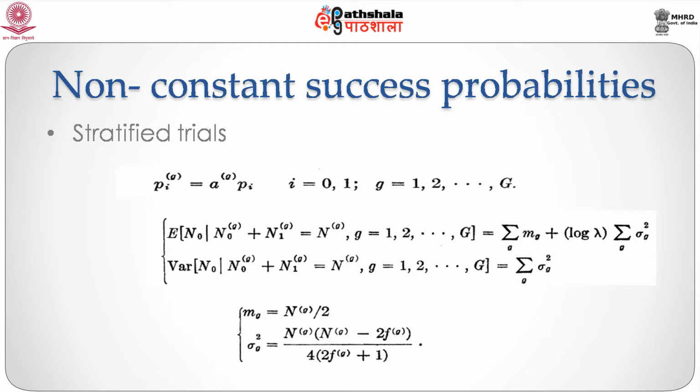So thus P_iG is alpha of G into P_i, for i equal to 0 to 1 and G equal to 1, 2 to capital G groups. Now note that the ratio lambda equal to P_0G by P_1G is then equal to P_0 by P_1, and thus dependence on group is eliminated. So the expectation, variance, cumulants, etc. are as before for the case when we have stratified data.